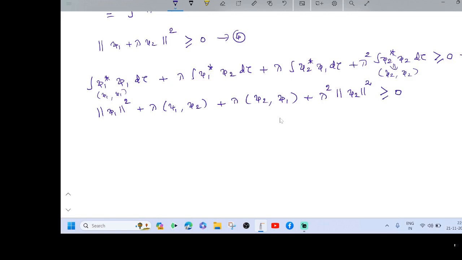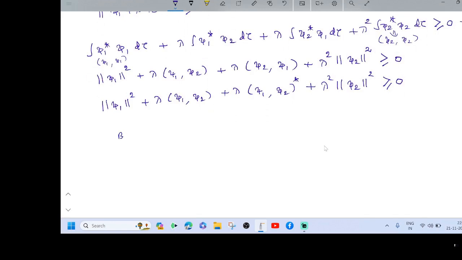Now norm square of psi 1 plus lambda into psi 1 comma psi 2 plus lambda into, see, this psi 2 comma psi 1 is changed as psi 1 comma psi 2 whole star, then this term lambda square into norm square of psi 2 is greater than or equal to 0.